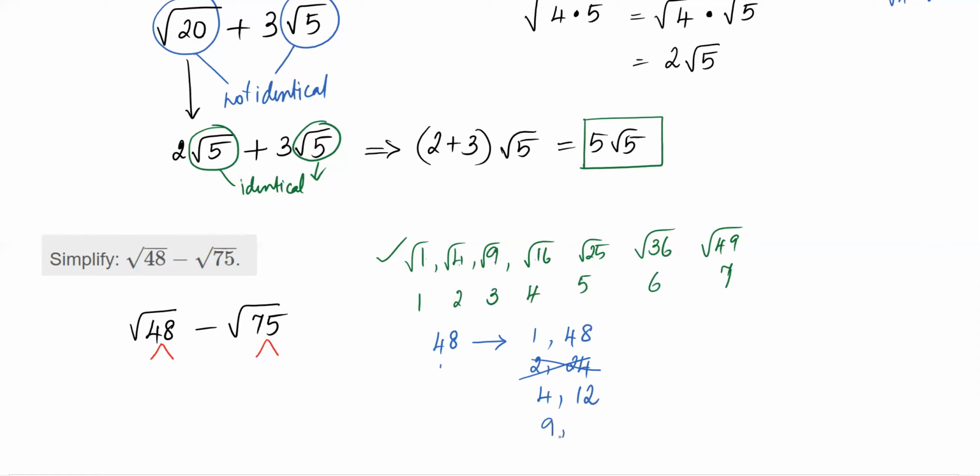Go further, check for 9. Does 9 work? No, 9 doesn't work because 9 gives you 5.333 something, but that doesn't work. I'll continue with the list. Let's check 16, okay? So 48 divided by 16 gives me a 3. Okay? And you can go on like that, okay? 25 won't work. 36 is too big, right?